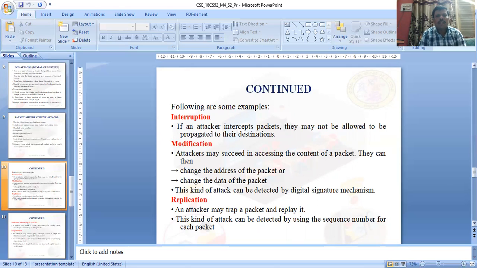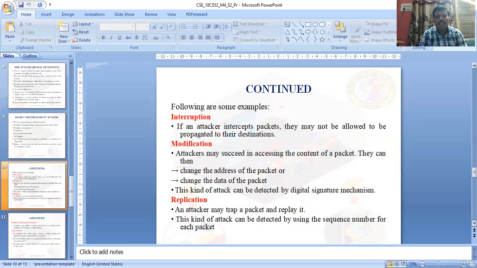Replication means an attacker may trap a packet and replay it, and this kind of attack can be detected by using the sequence numbers in each packet.